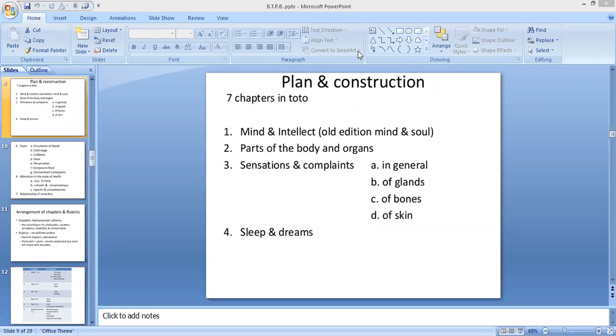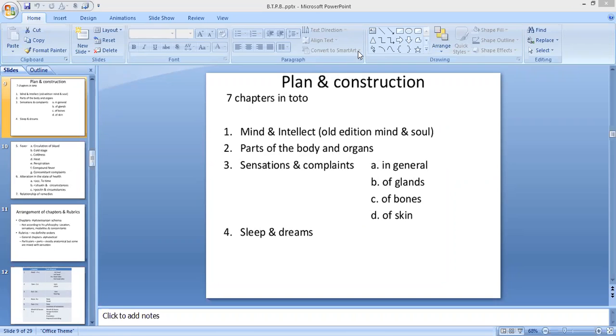They are arranged according to the anatomical division of the body, as in the Kent repertory. But in the rubrics, we found there is no definite order.